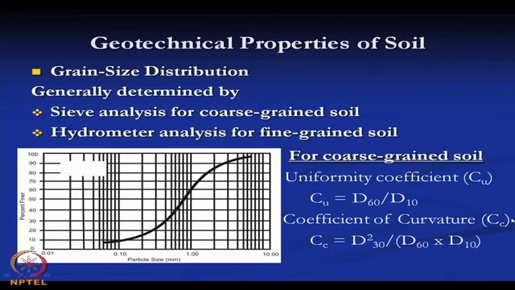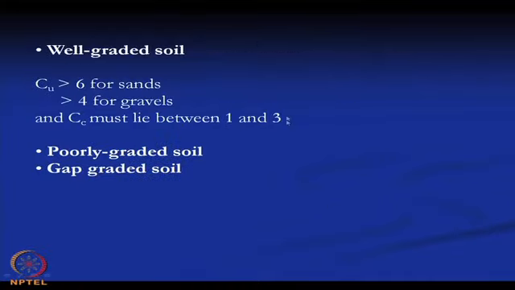Similarly, the coefficient of curvature is defined by D30 squared divided by D60 times D10. So, from here you also get the second coefficient. Now, the purpose of these two coefficients is that we can identify whether the soil is a well graded soil or a poorly graded soil.